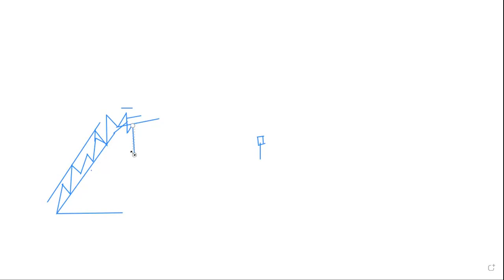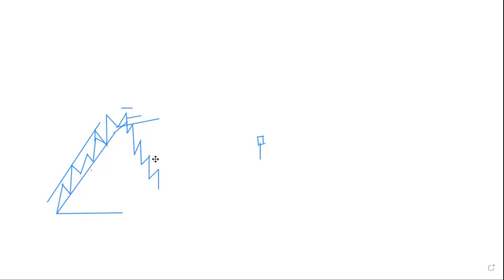So let's assume here now that the market starts giving us a downtrend. At this point, what do you do?